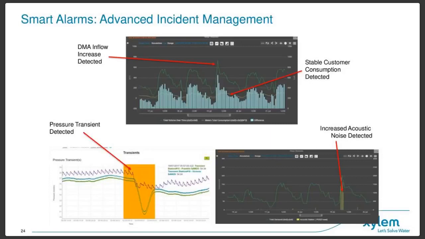The final validation is the correlation with pressure transient data, like we spoke about before. When you are seeing an abnormal change in consumption correlated with an acoustic event and a pressure transient event, it gives a very high indication that this is indeed a burst and can be responded to quickly.